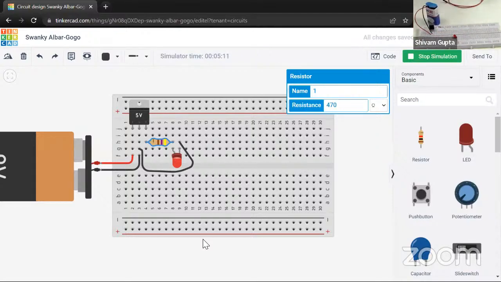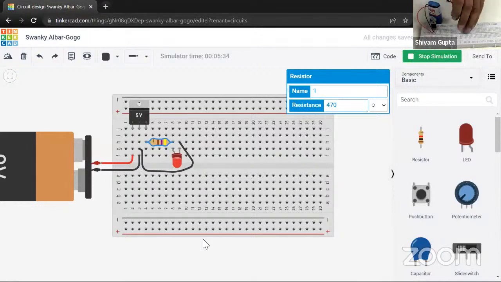Now here we have the LED. The LED has two legs, the positive and the negative. I hope it is visible that the legs are different. The long one is the positive leg and the shorter one is negative.